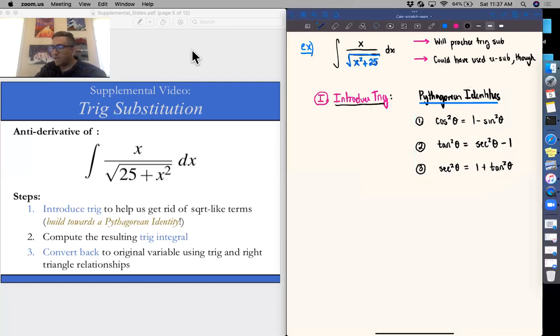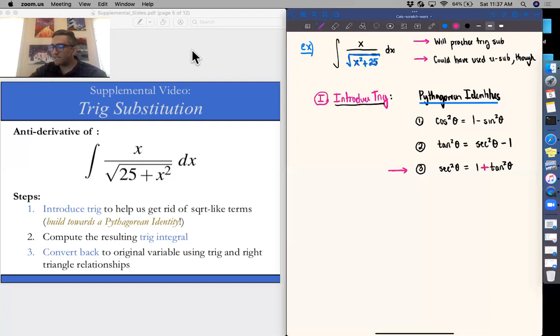Underneath that square root, what type of operations do we have? The first thing I look for is this plus sign. So I'm looking for the identity in which we have that plus sign. In this case, it's the third one.